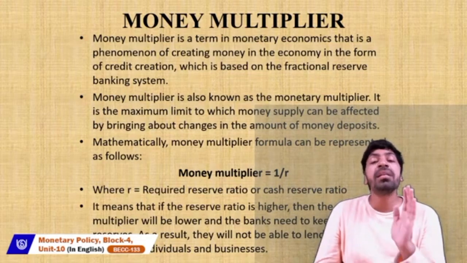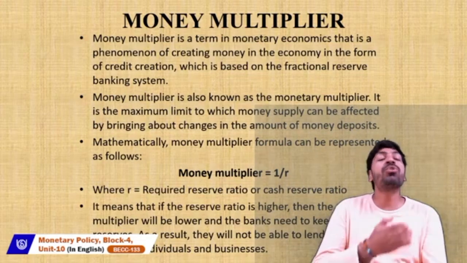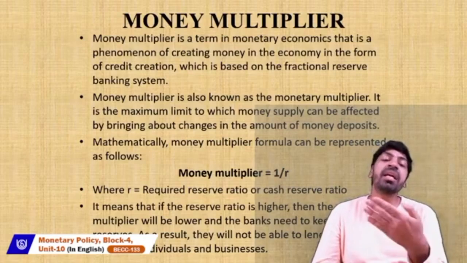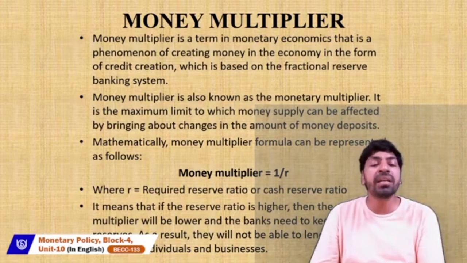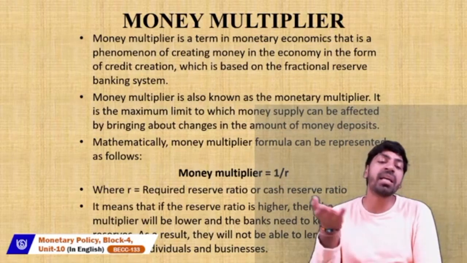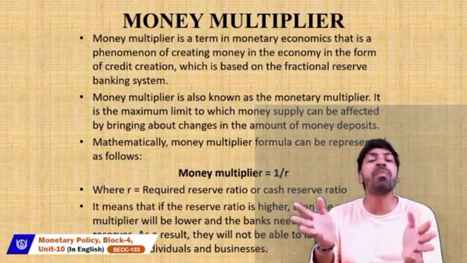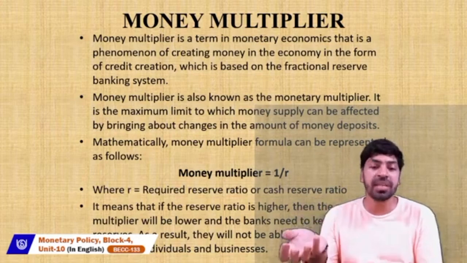It means the banks need to keep more and more reserve to create credit, and if the credit gets created, then automatically money gets created and the supply of money would increase.